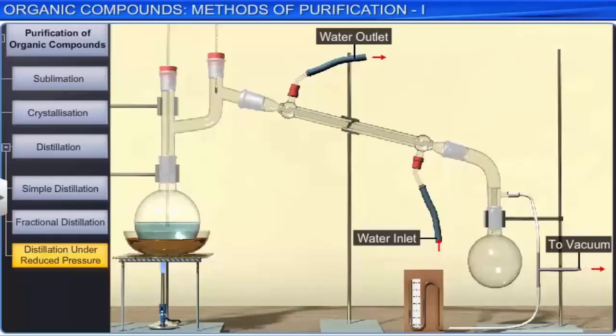In the case of liquids with very high boiling points and liquids that decompose below or at their boiling points, another method called distillation under reduced pressure is used for purification. In this method, the pressure on the liquids is reduced with the help of a water pump or a vacuum pump.